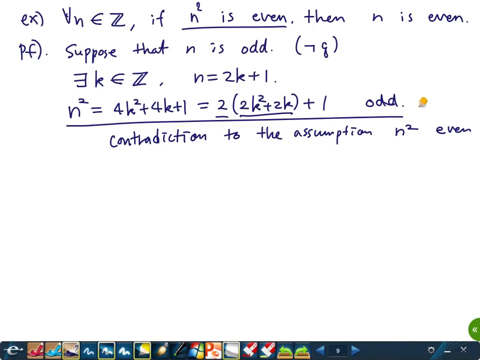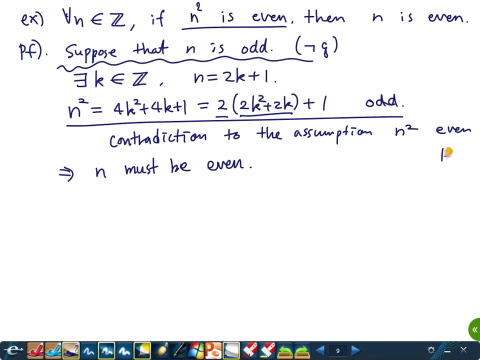This means we made a wrong assumption. That was this. This is wrong. So n must be even. So this is the end of the proof. This is a typical example of proof by contradiction.